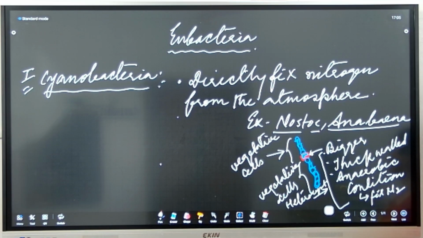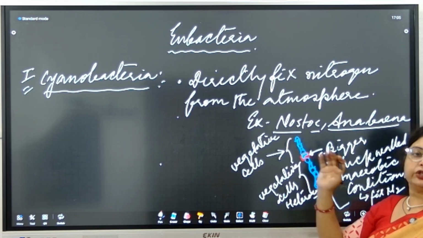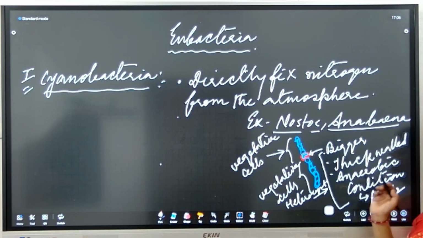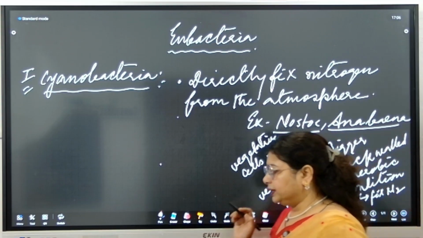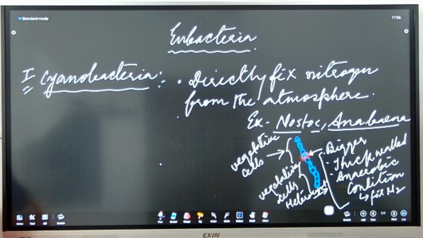So it maintains an anaerobic condition. And how does it get energy? It gets energy through oxidation from the vegetative cells. Inside the body of Nostoc you can see a symbiotic relationship: the other cells get nitrogen from the heterocyst, and the heterocyst gets energy from the vegetative cells. So this nitrogen fixation is very important for the class 11 school exam. Okay, Nostoc.